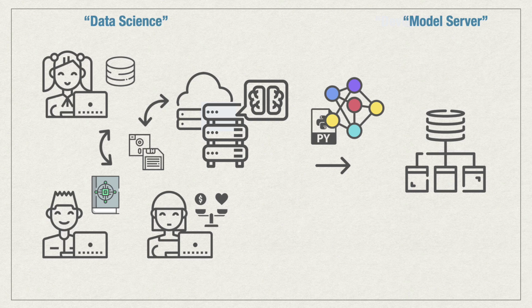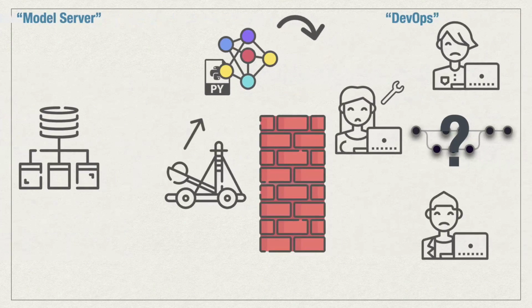Now, what that actually means in practice is that you've just thrown that model over a wall to the DevOps team who are responsible for the rest of the product. And to put things in context, the machine learning elements of a given product typically represent about 5% of the overall effort.